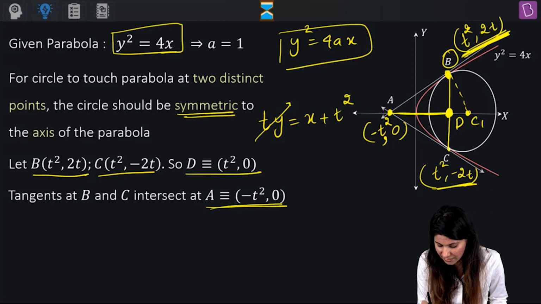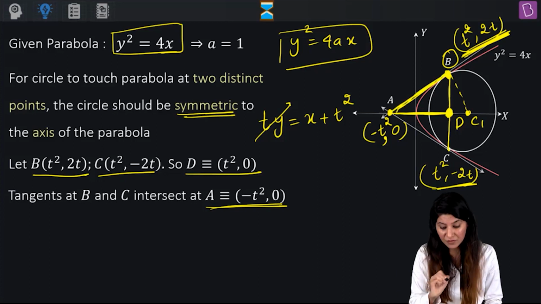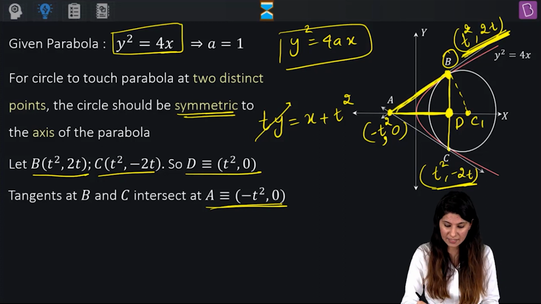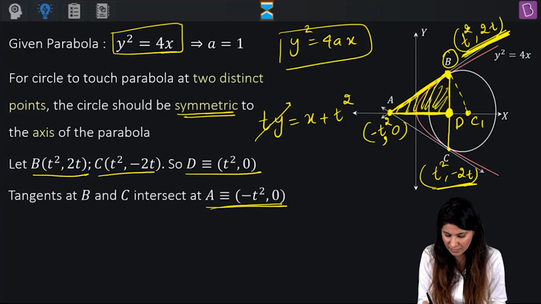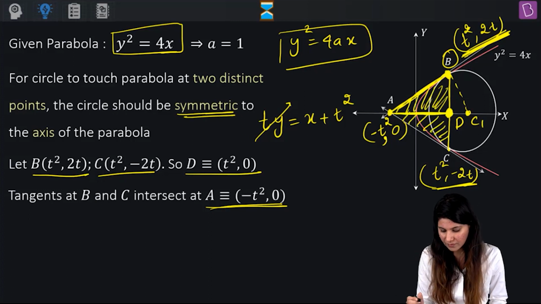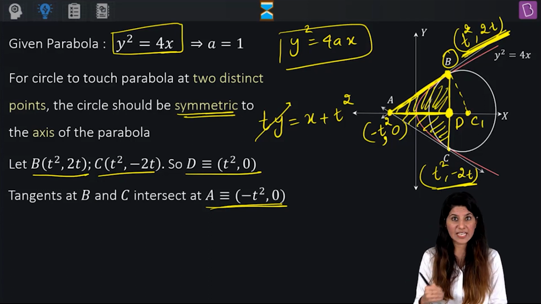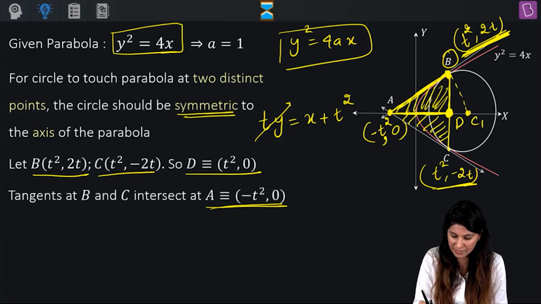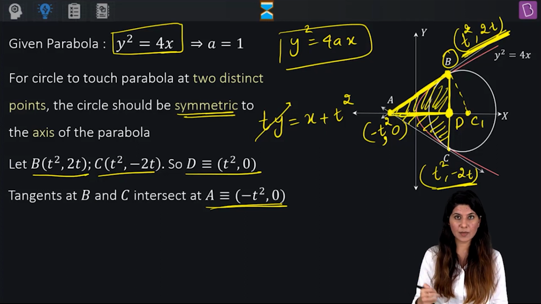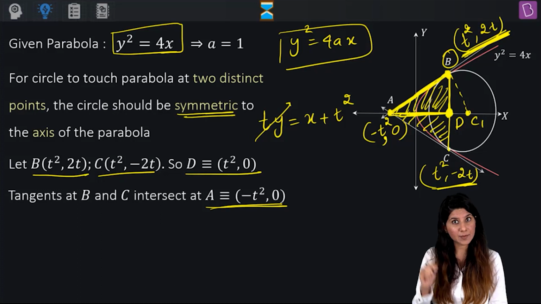If I talk about this particular triangle, which is ABD, since everything is symmetric about the x-axis, this triangle has area equal to triangle ADC, right? So to get the area of triangle ABC, I need to double the area of triangle ABD. Let's talk about how to get the area of triangle ABD now.